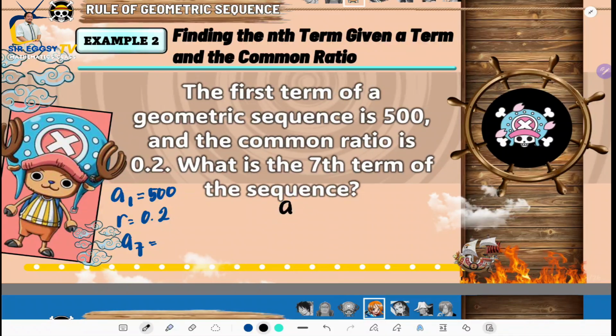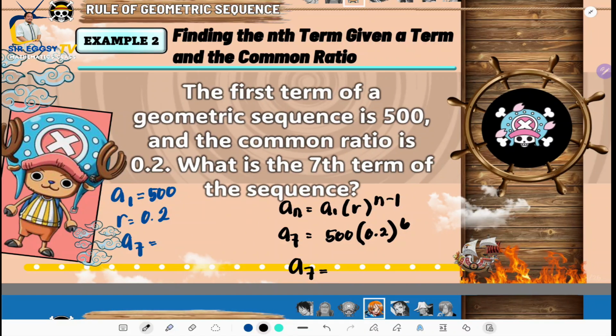Okay, so in this case, let's have the formula. A sub n equals a sub 1 r raised to n minus 1. So by substitution, a sub 7 is equal to 500 times 0.2 raised to 6. So for the exponent, we always subtract it by 1.